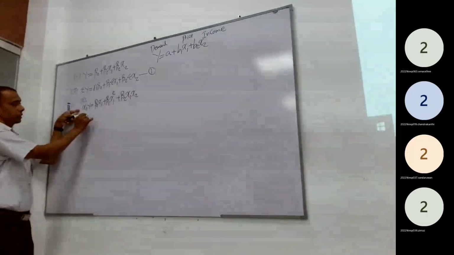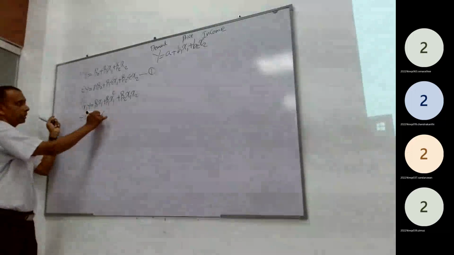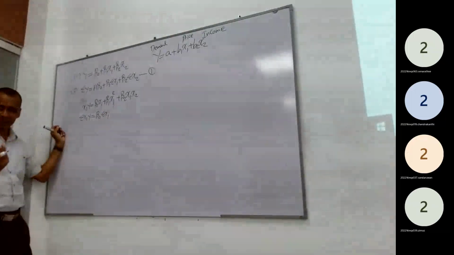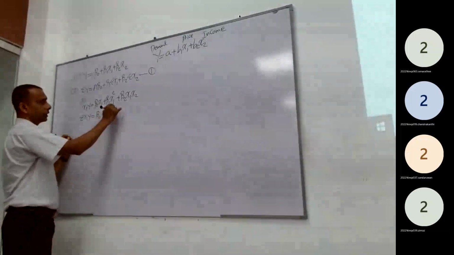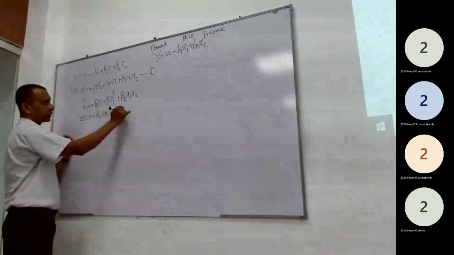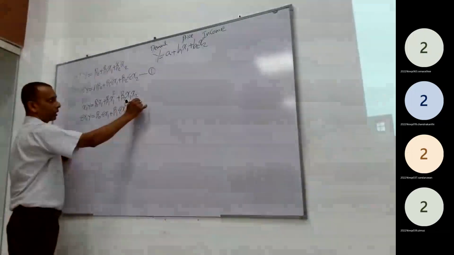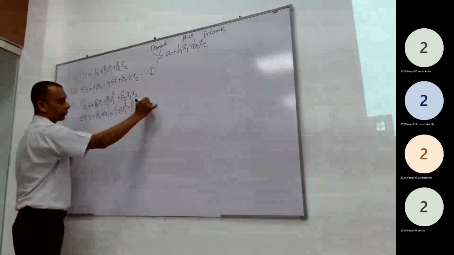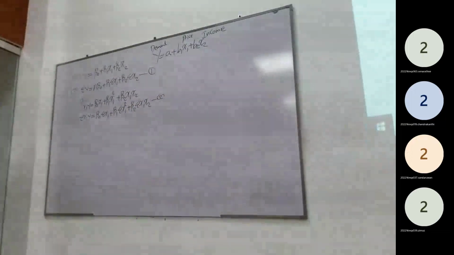Sigma is applied to the variable only; the coefficient, take it out, apply sigma to the variable. Beta 1 sigma x1 squared, beta 2 sigma x1 x2. That is the second normal equation.